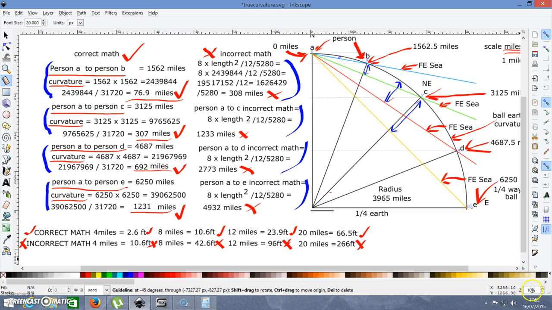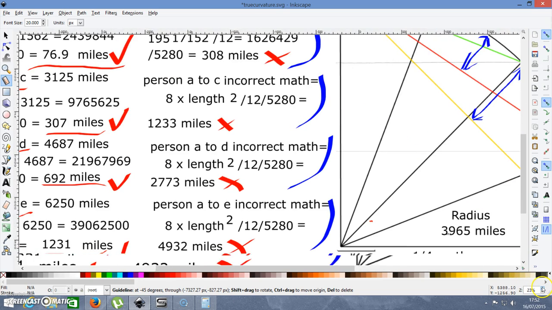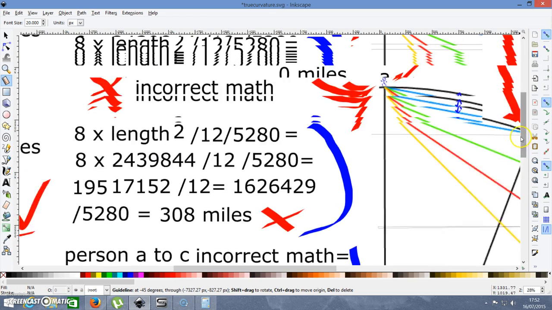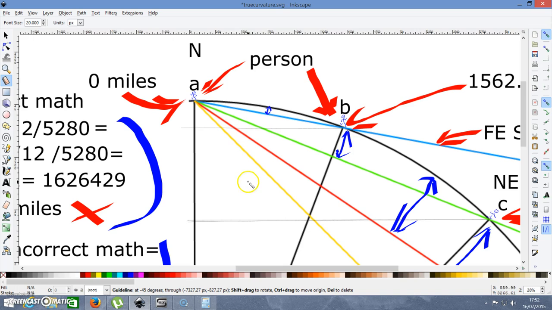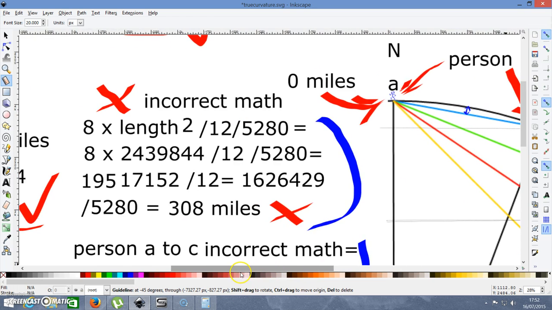So let's zoom back in again so we can see a bit better. 76 miles, and we've got 77 miles, or 76, 77, 78, in between that figure, because we've got the differences on the widths of the lines, obviously. 308 miles?